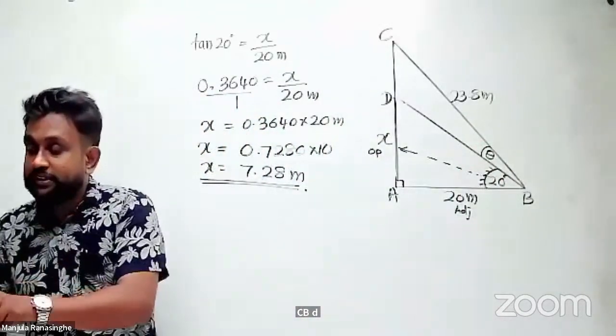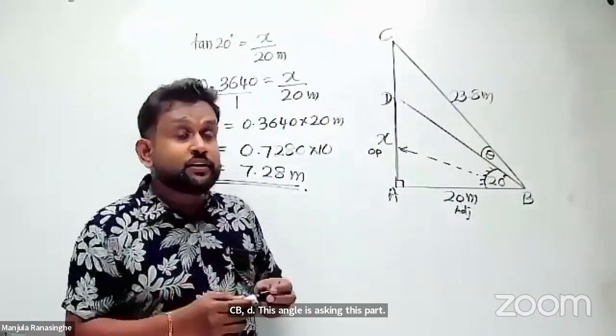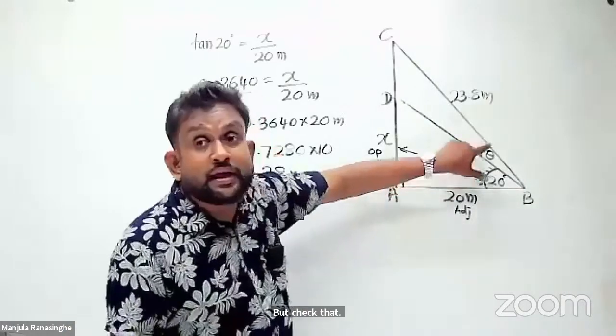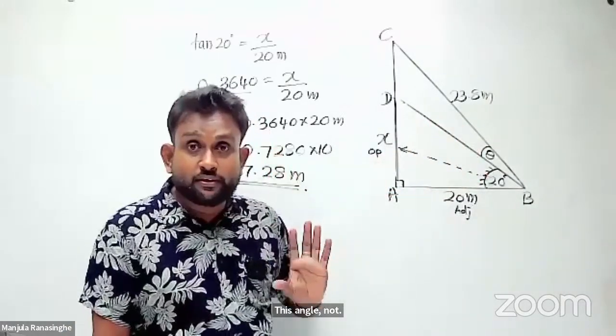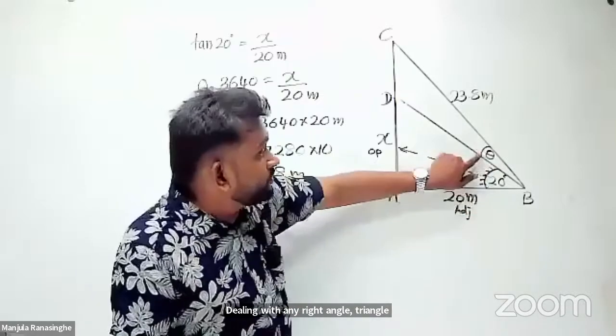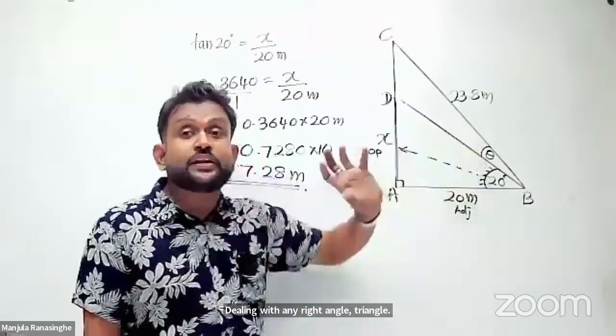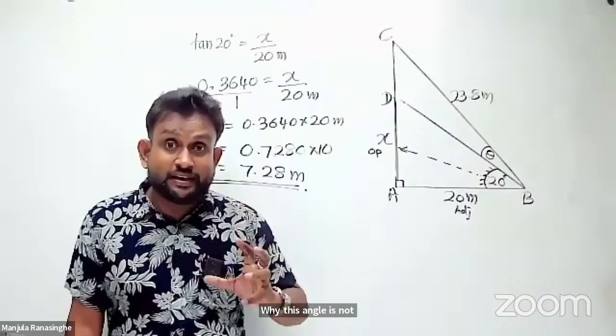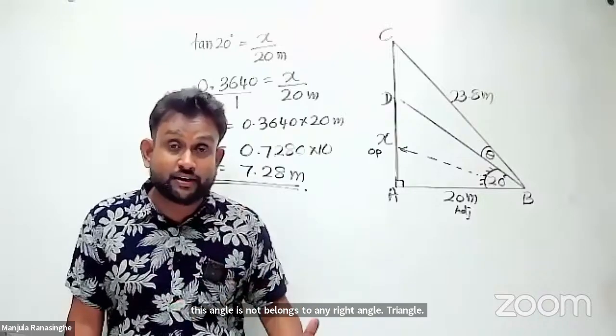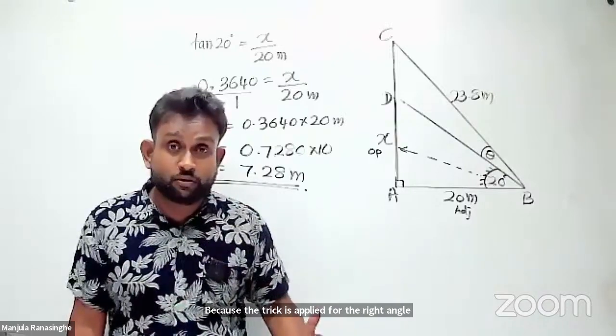Check that this angle CBD is not part of any right angle triangle, because trigonometry is applied to right angle triangles at ordinary level.